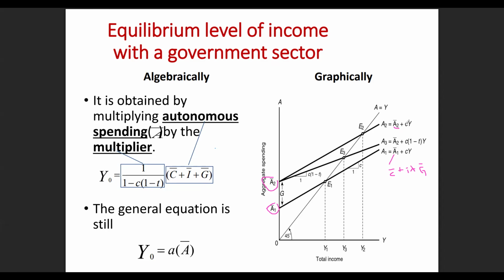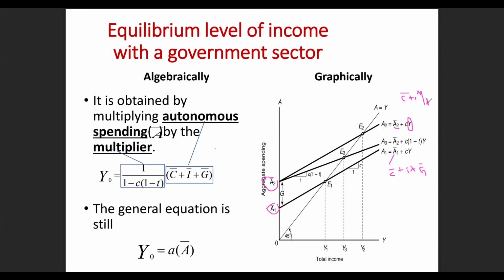And then obviously when we introduce G, we have to keep in mind that we're also going to introduce taxation. And taxation reduces what? Your disposable income. And to calculate your disposable income, you say 1 minus T times Y. So they then replace this Y by 1 minus T times Y to show now that this is YD, right? To show that this is now C bar plus small letter C YD, right?